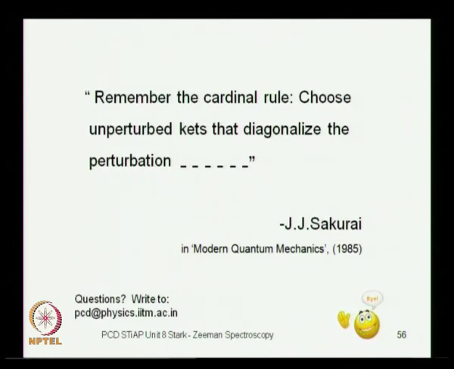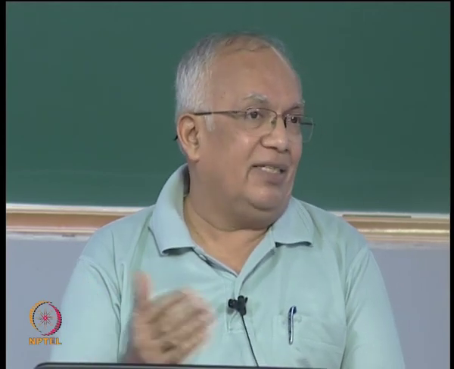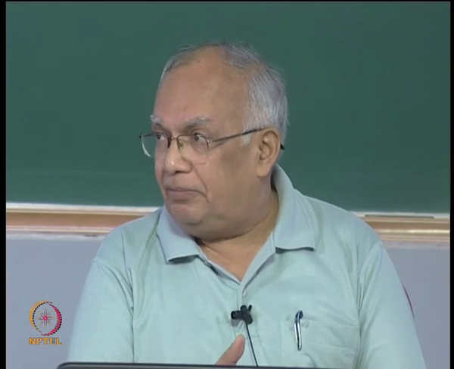So this is the cardinal rule which we referred to in unit 5, that you must choose the unperturbed kets which diagonalize the perturbation, but how this is done specifically in the normal Zeeman effect, in the anomalous Zeeman effect, and in the Paschen-Back effect is a matter of detail, and this is something that we will discuss in the next few classes. If there is any question for today, I will be happy to take.